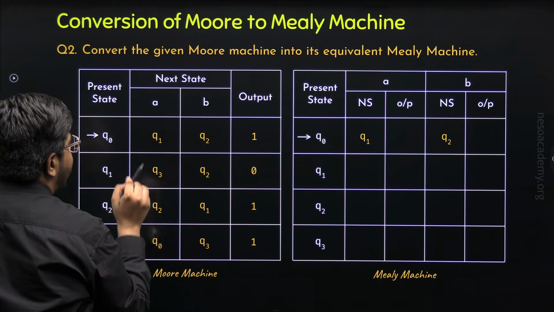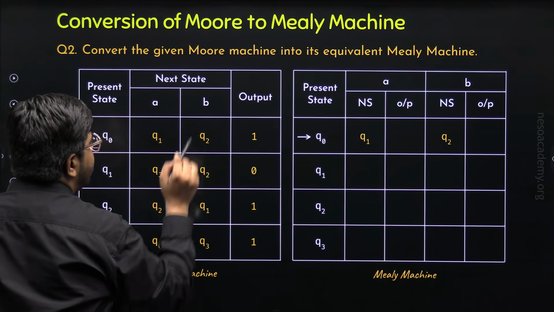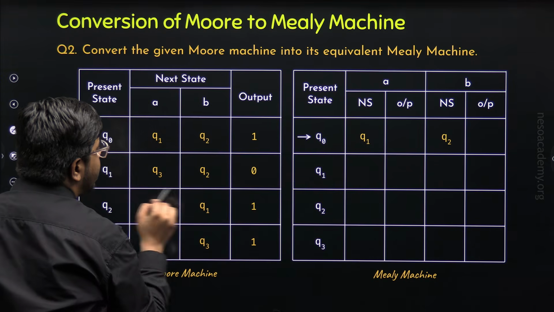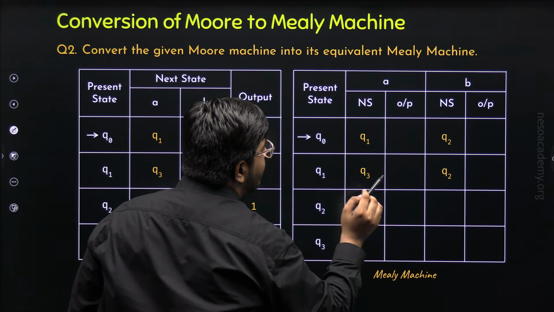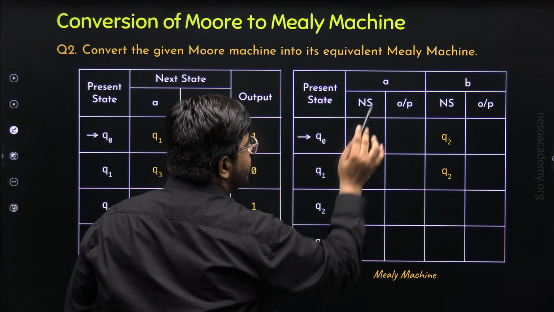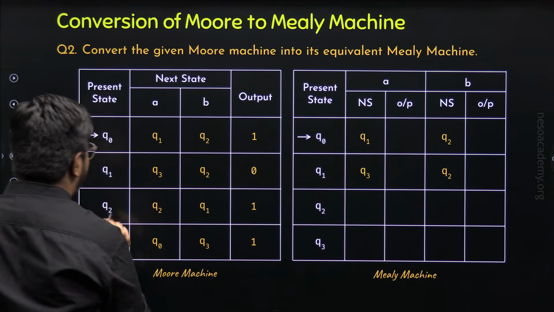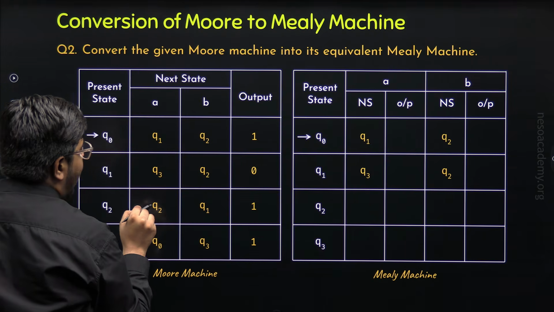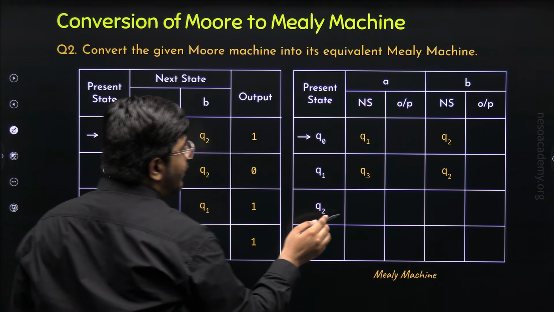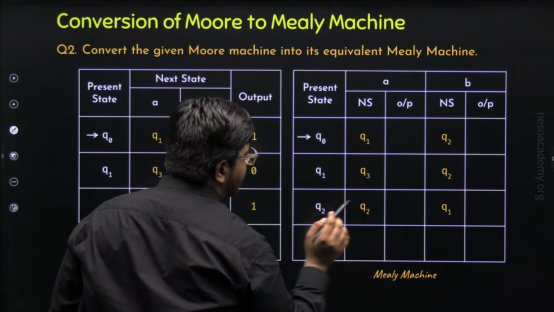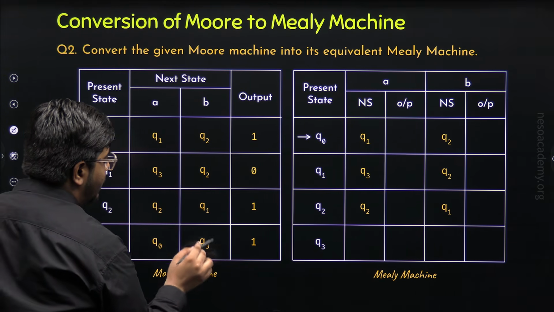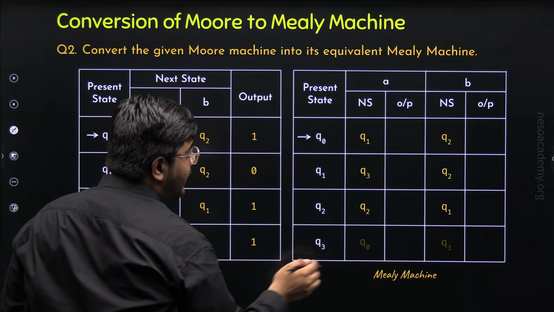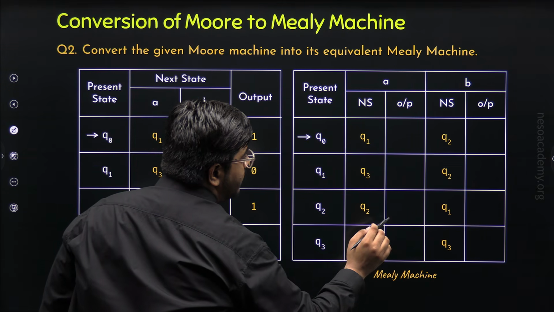Now Q1 on A gives Q3 and Q1 on B gives Q2, so here also we get Q3 and Q2 as the next states on input symbols A and B. For the state Q2, the next states are Q2 and Q1, so here also we will write Q2 and Q1. For the state Q3, the next states are Q0 and Q3, so here also we will write Q0 and Q3.